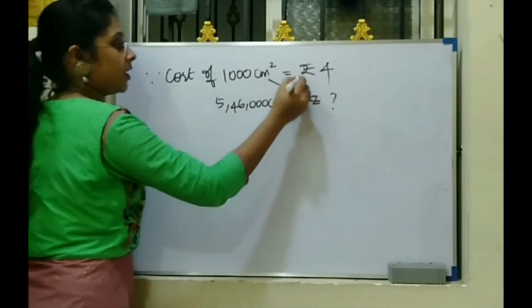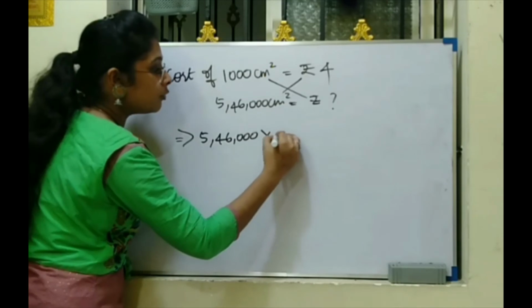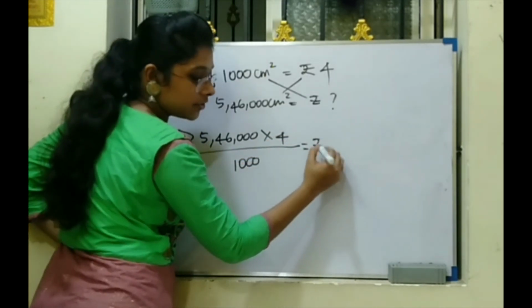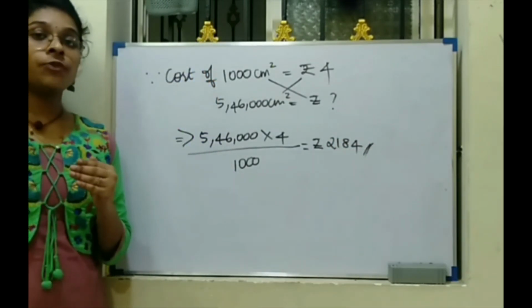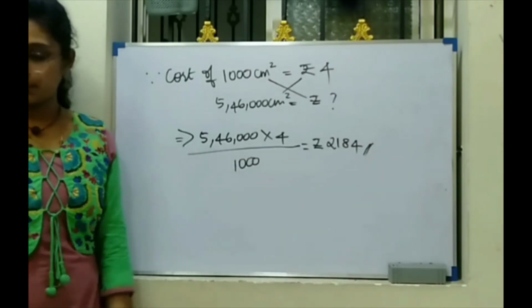We have to cross multiply it. That is 546,000 into 4 divided by 1000 will give you the total cost, which is equal to 2184. That is, the total cost of cardboard required is equal to rupees 2,184.